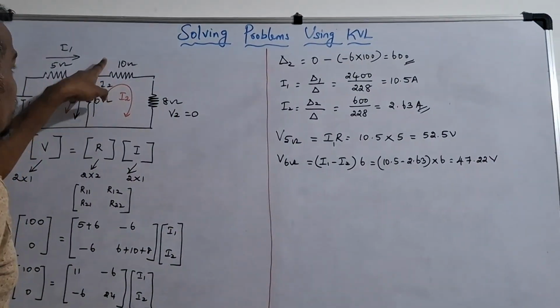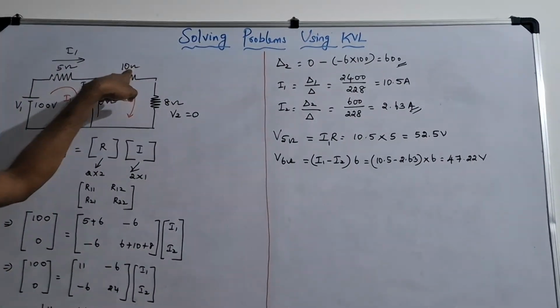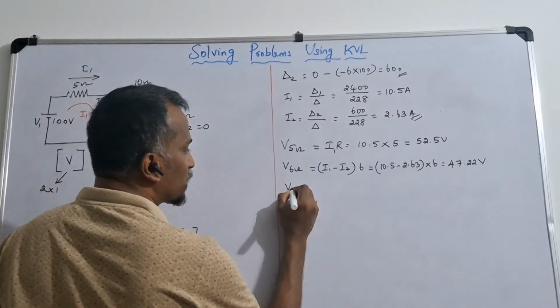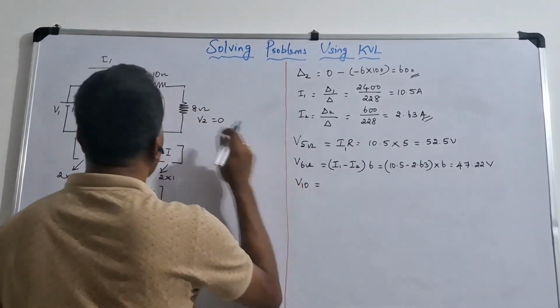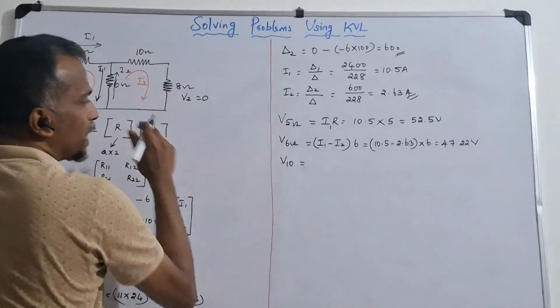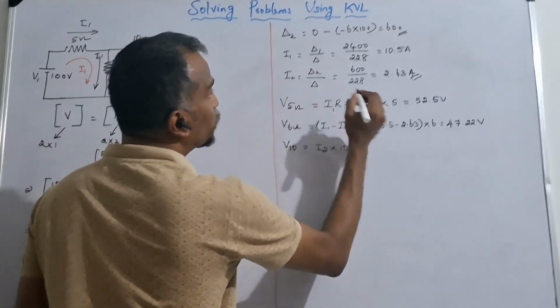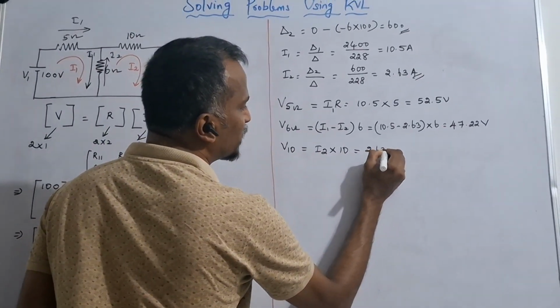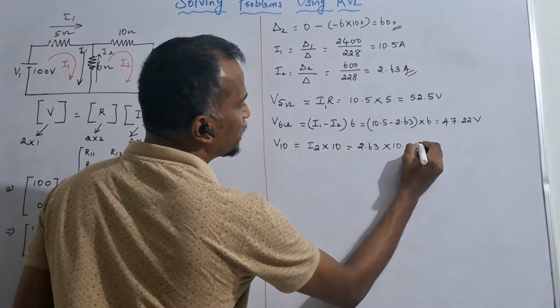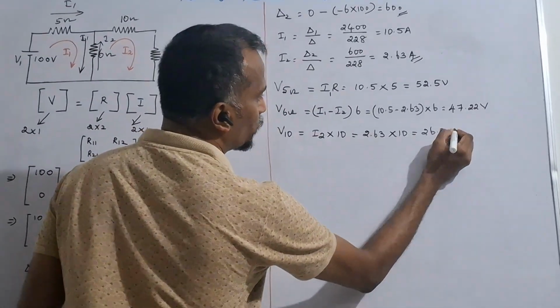Then we have to measure the voltage across the 10 ohm. The current flowing through the 10 ohm is I2. So I2 into 10, where I2 we already know is 2.63, into 10, is equal to 26.3 volt.